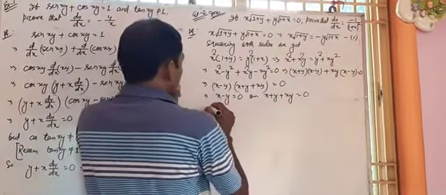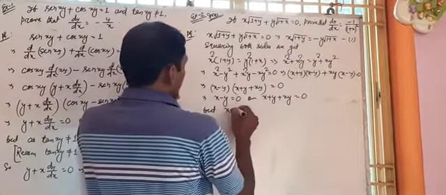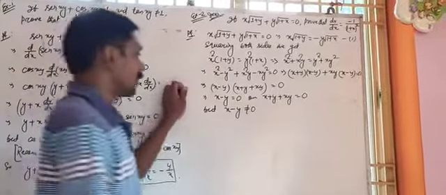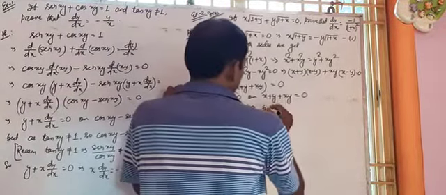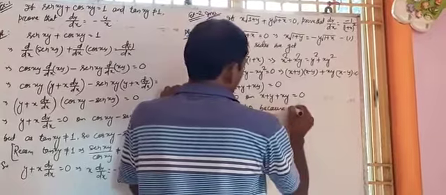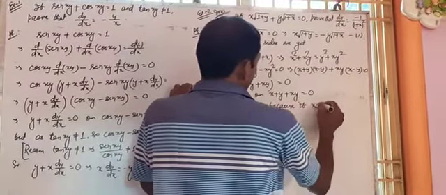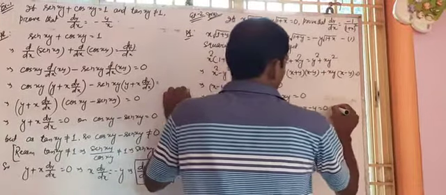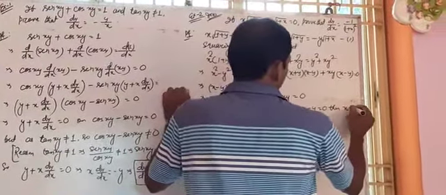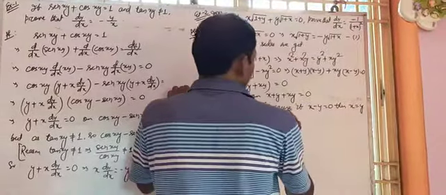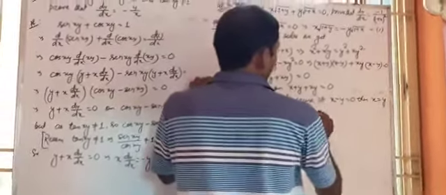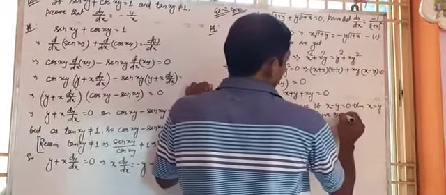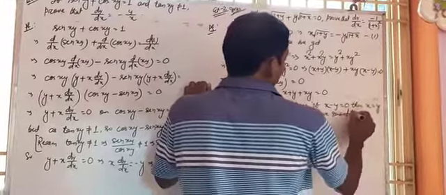But x minus y should not be equal to 0, because if x minus y equal to 0, then x will be equal to y. This implies x by y is a positive quantity.